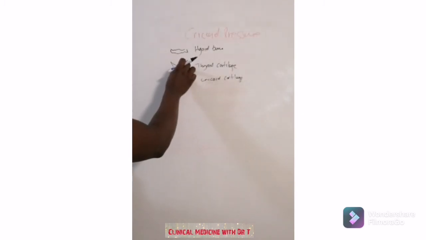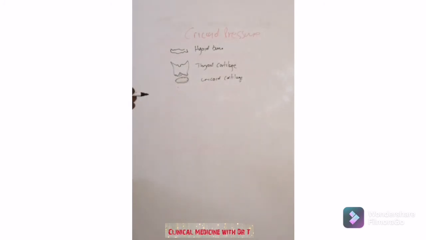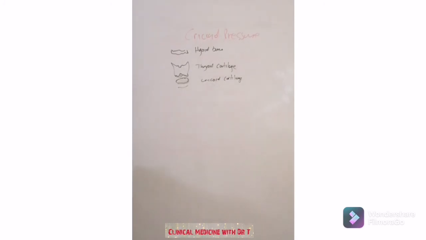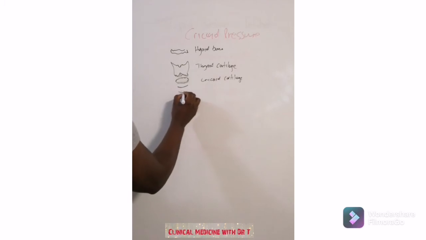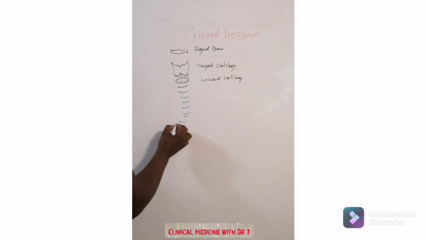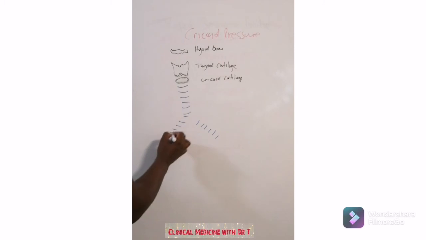If you can palpate your thyroid cartilage, as you go down, there's going to be a membrane there. The next hard structure is the cricoid cartilage. Below that you have C-shaped cartilages up until you get to the bronchus, the right and the left main bronchus.